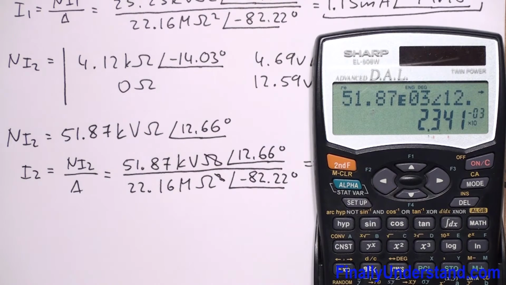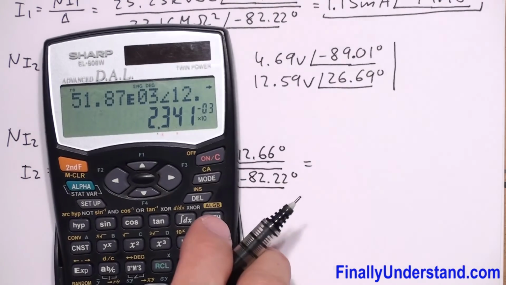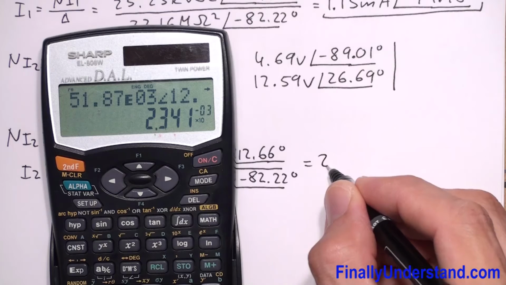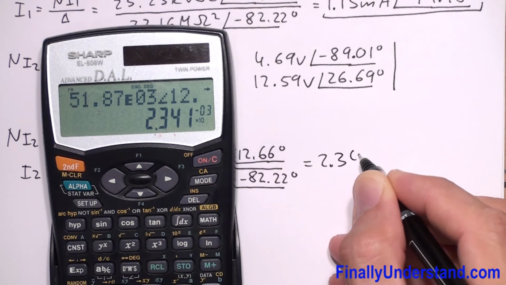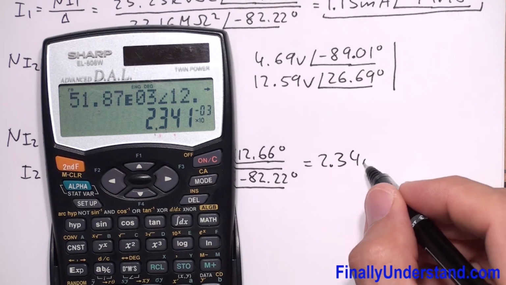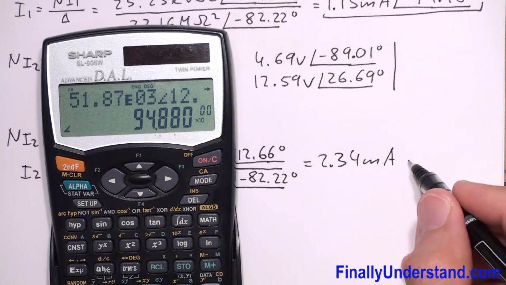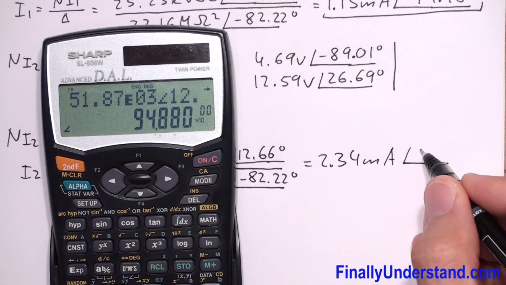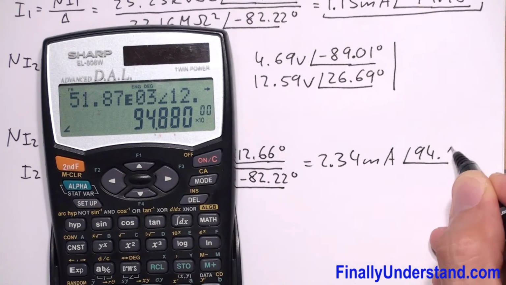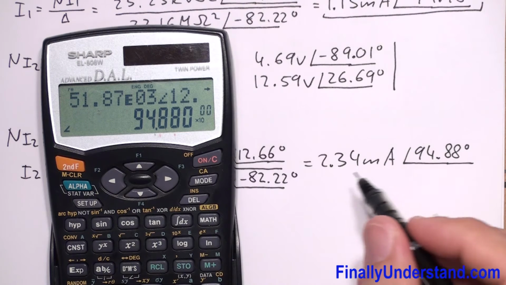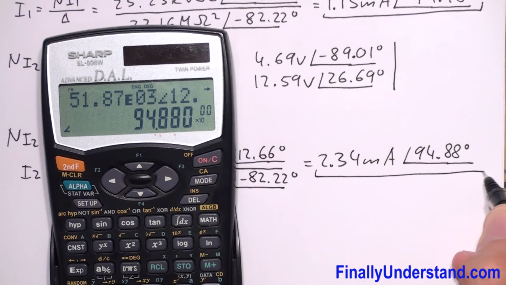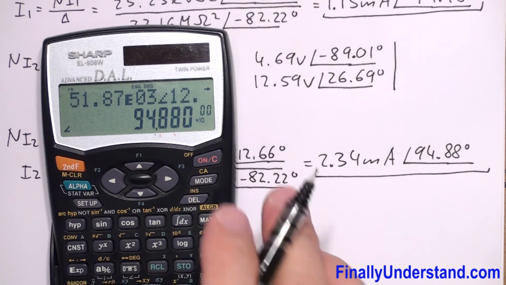This is equal 2.34 milliamps, and angle of 90.88 degrees. So this is the value of my current I2.